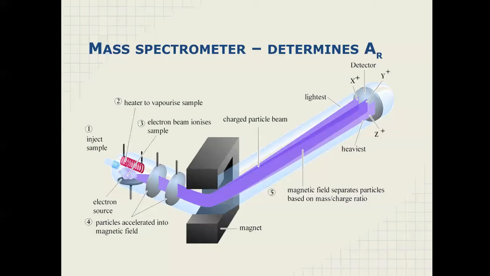They're deflected by the magnet more or less depending on how heavy they are. So basically it's a way to separate atoms or small particles by size. Then we can detect where they are so we can tell how many of each size we have. So it can tell you the relative mass, and it can tell you the percentage or proportion of each one of those isotopes in a particular sample.